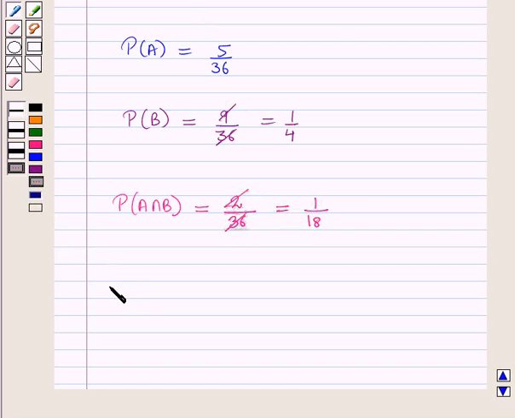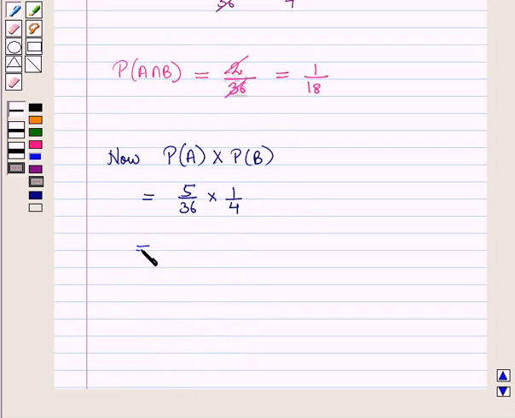Now let us find the product, probability of event A into probability of event B, and this is equal to 5 upon 36 into 1 upon 4, which is equal to 5 upon 144.